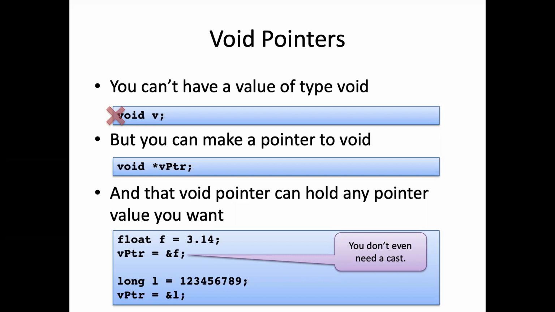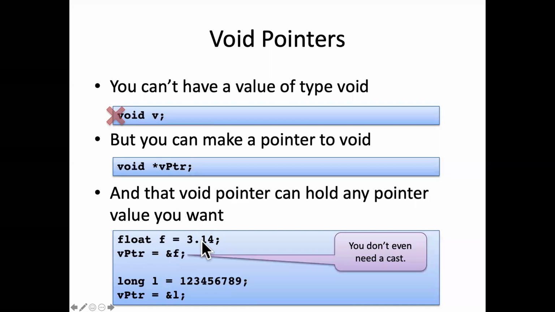If you make a void pointer, you can make it point to anything you want in memory, and the compiler won't complain about that. So think of a void pointer as a mechanism, like I've said a couple of times, for holding generic pointers, pointers that you could use to point to anything. Here's how we do it. So we're using the void pointer I declared up here.